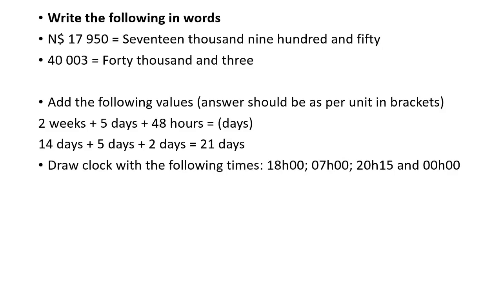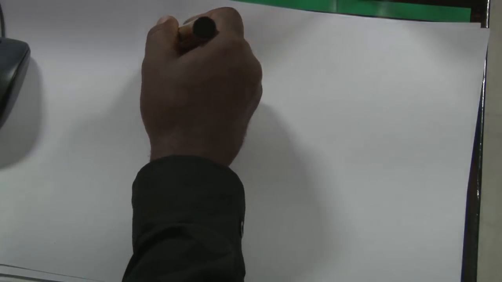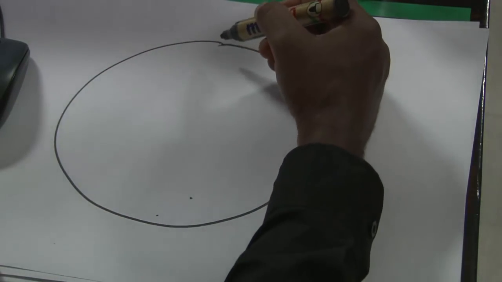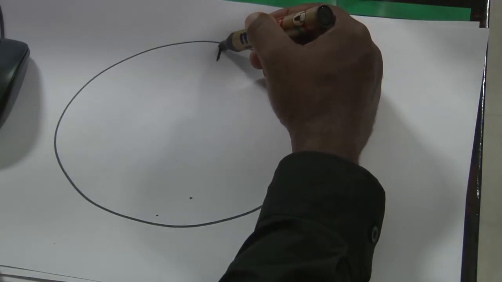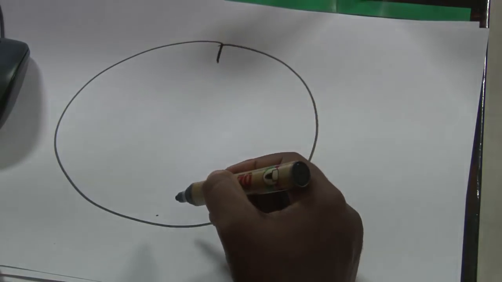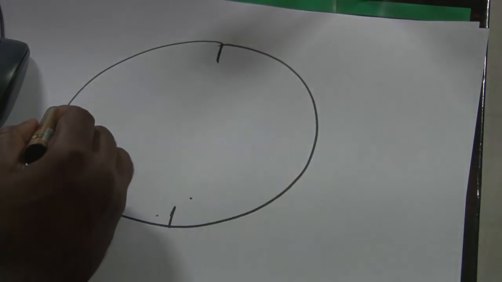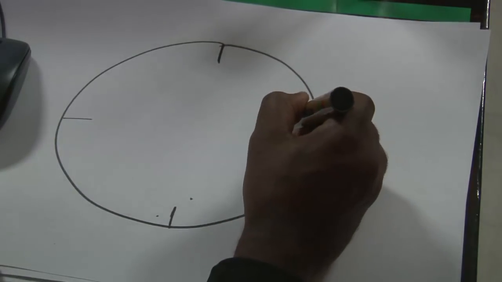Now, sometimes they say you must draw a clock with the following times. This is very, very important, but students have to know how to draw the clock. So when you have to draw a clock, for example, the first clock there is 18 hours. You have to draw your circle, and the first thing that you need to do is make a mark at the 12, make a mark at the 6. These 2 marks are very important. And then make 2 marks here.